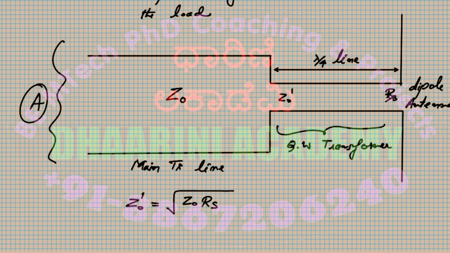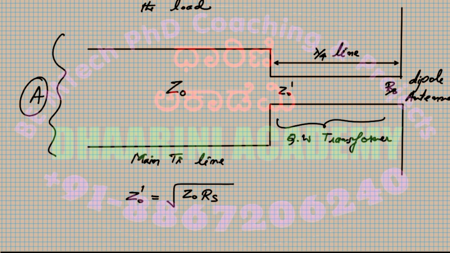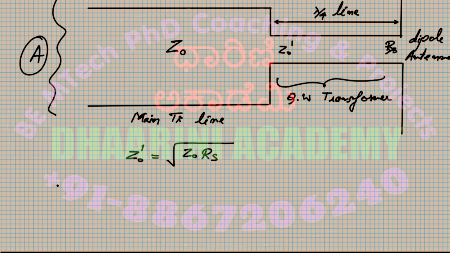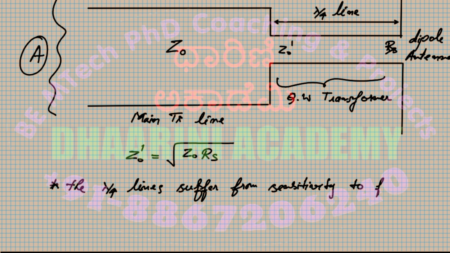So I'll quickly write one disadvantage over here just for your reference. The lambda by 4 lines suffer from sensitivity to frequency changes.